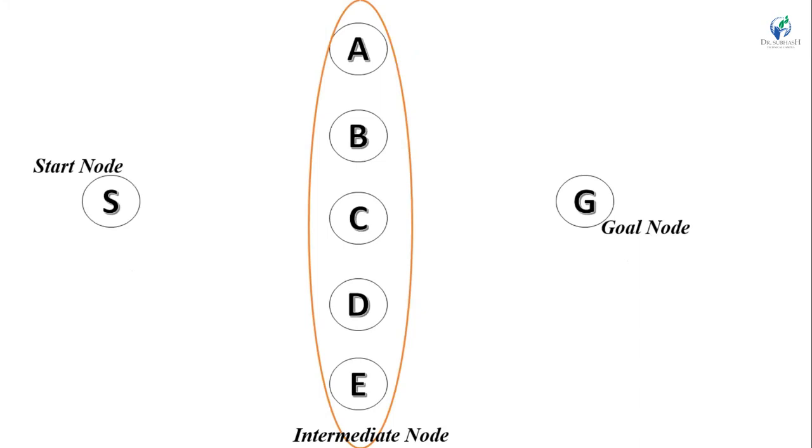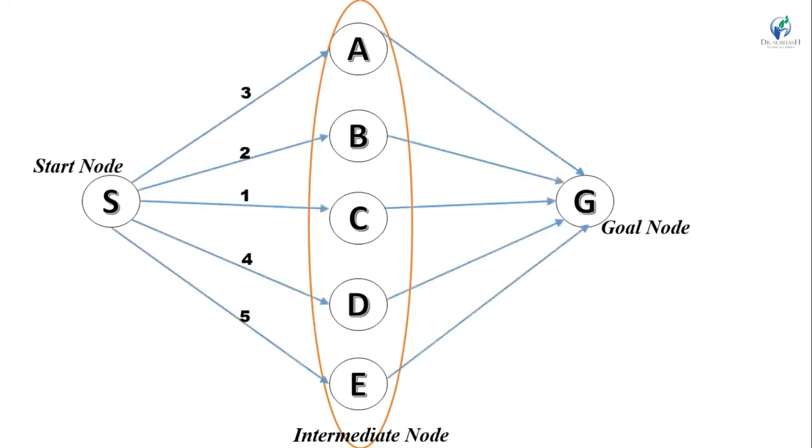We can see different costs to reach intermediate nodes from the start node, and different heuristic costs for each node. So with the addition of actual cost and heuristic cost, we can find f(n), meaning the intermediate node cost, which provides the cheapest cost to reach the goal node.